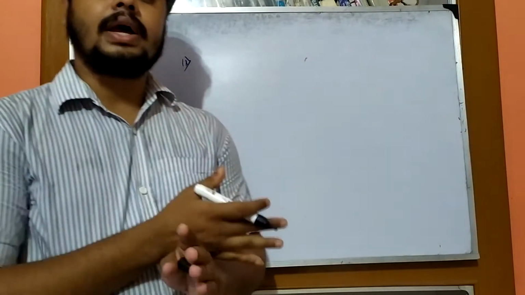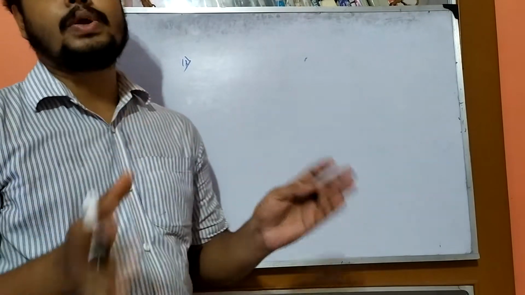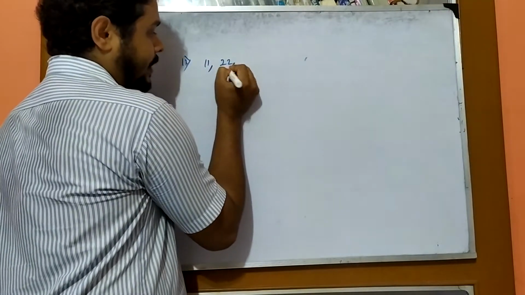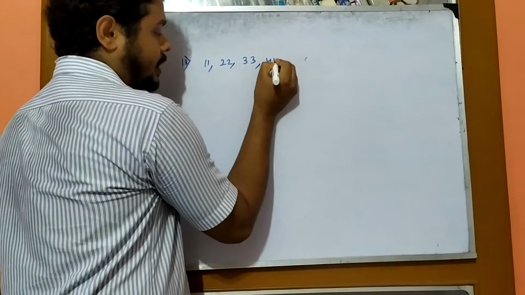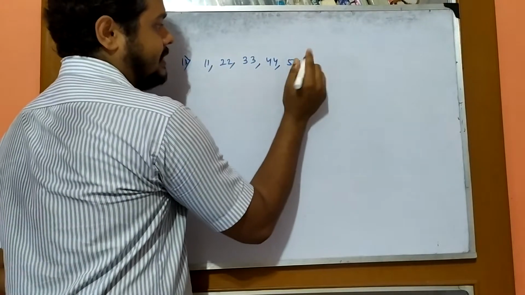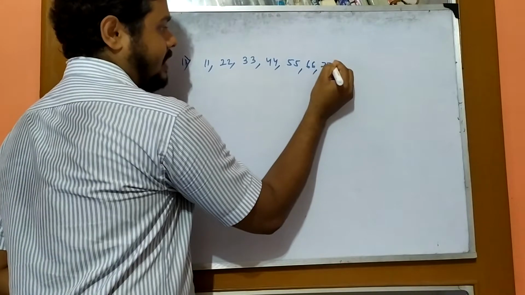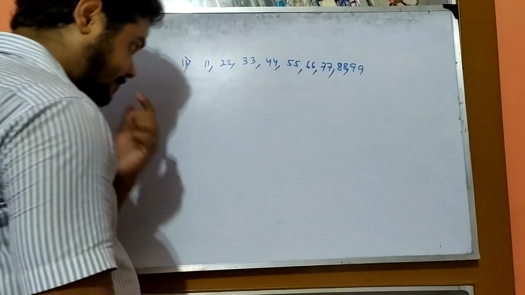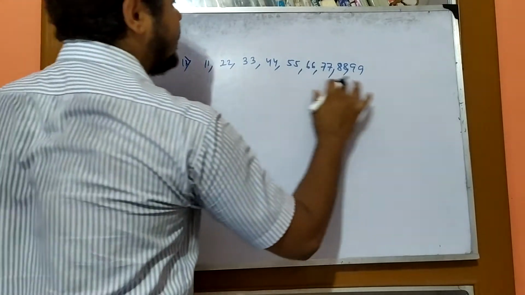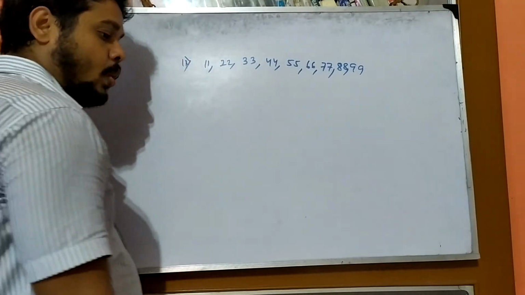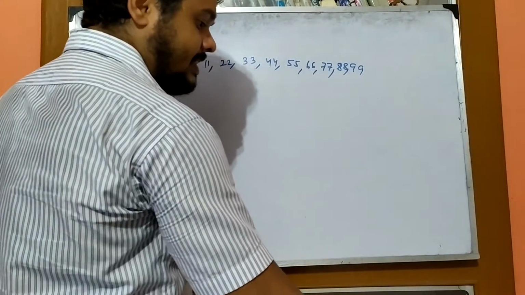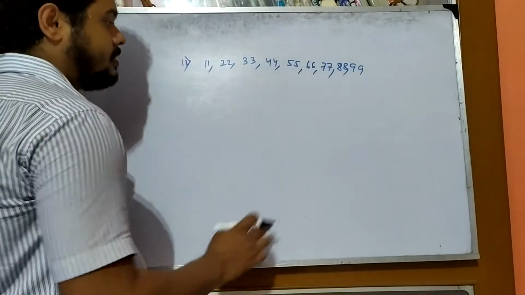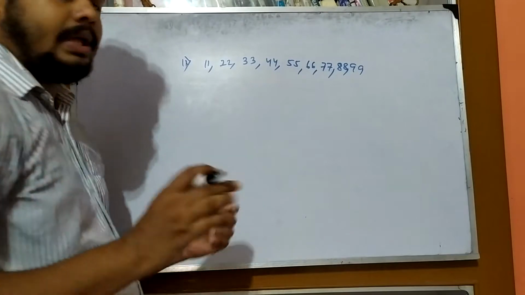After changing their positions, the number will be the same. Simply we can say 11, 22, 33, 44, 55, 66, 77, 88, 99. That means all these two-digit numbers will be the same after changing their positions. So I am not doing that one, you do it yourself.